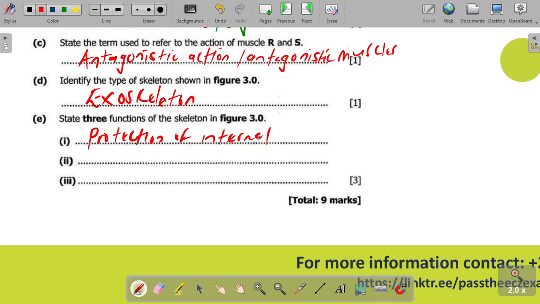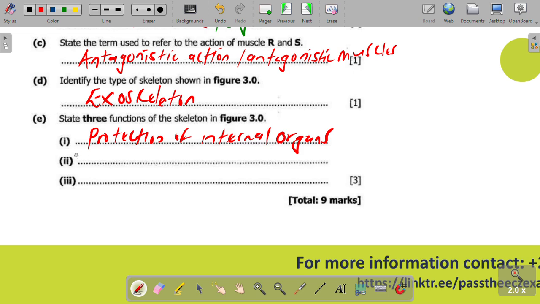But I'll give you an explanation so that you are helped. Internal organs. So the hard exoskeleton shields delicate body organs from injury. So protection of internal organs is one of the functions of the skeleton. Right? And how does it do this? It shields delicate body organs from injury.